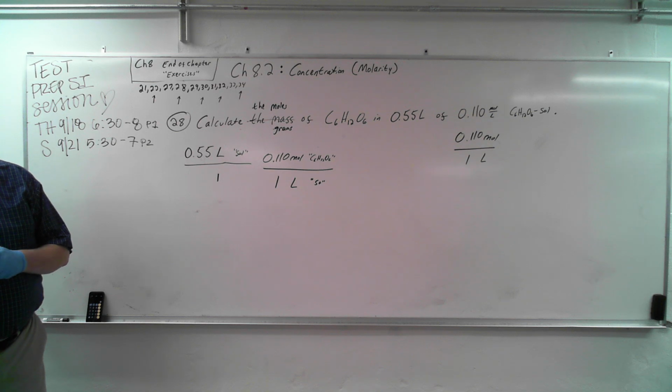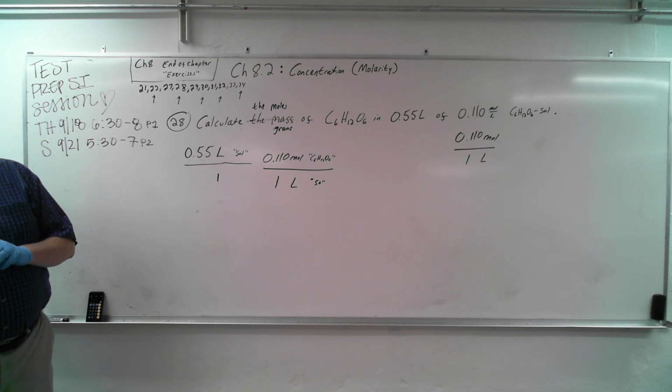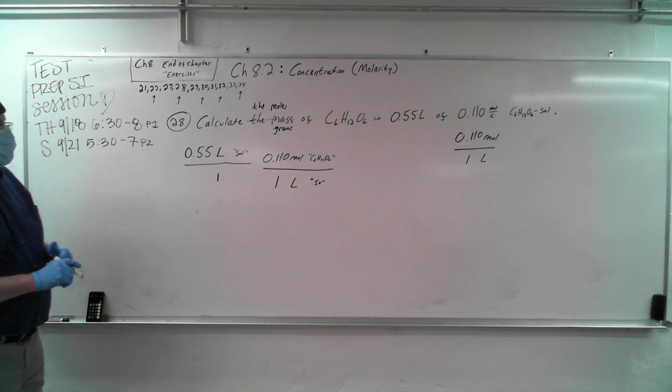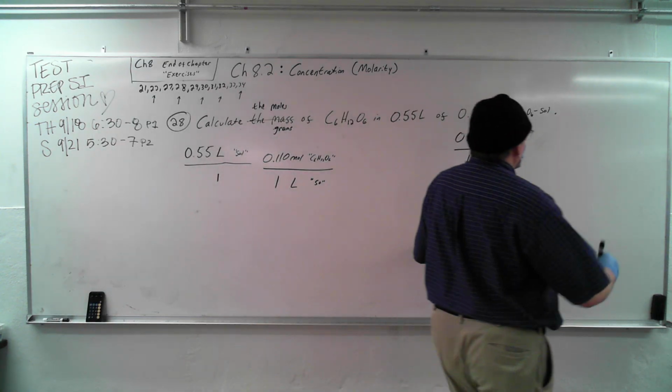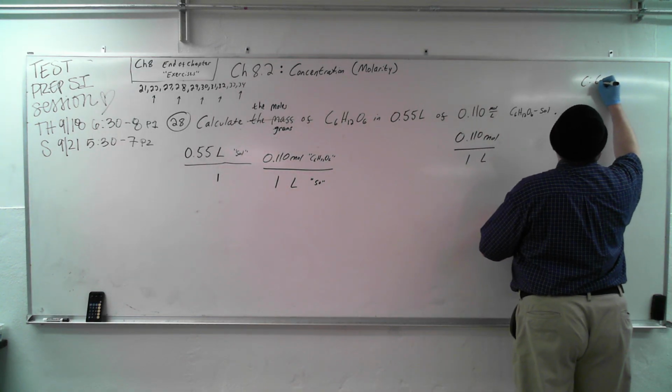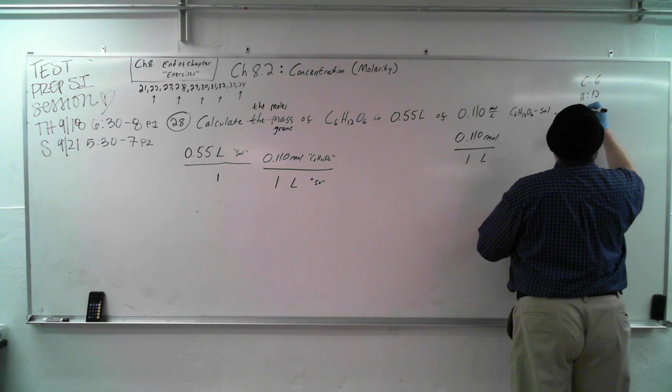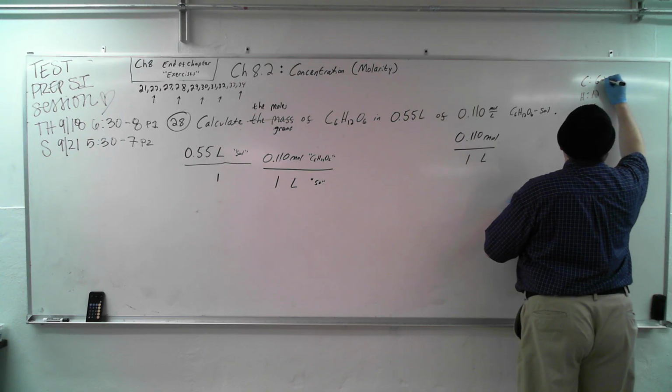See that? This is asking for grams, so you need the grams per mole relationship, which means you need 6 times 12.01, 12 times 1.008, and 6 times 16.